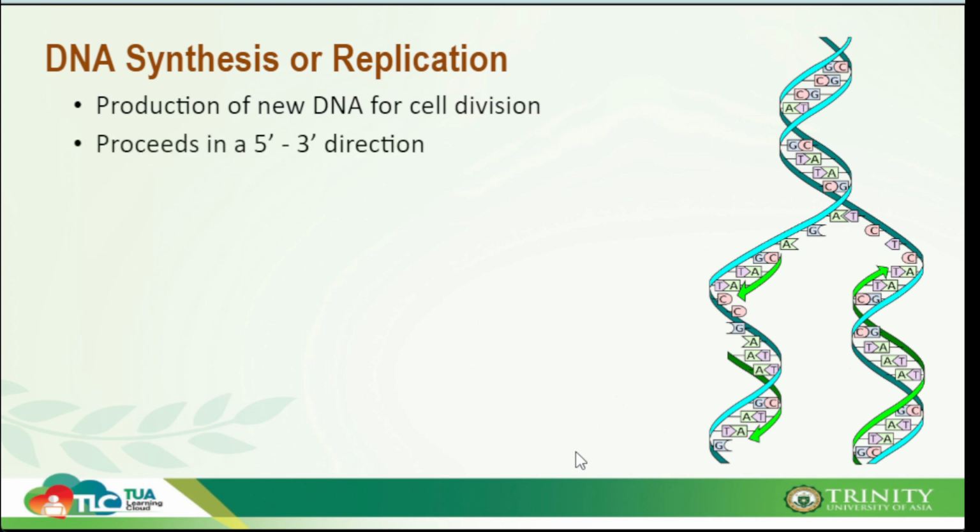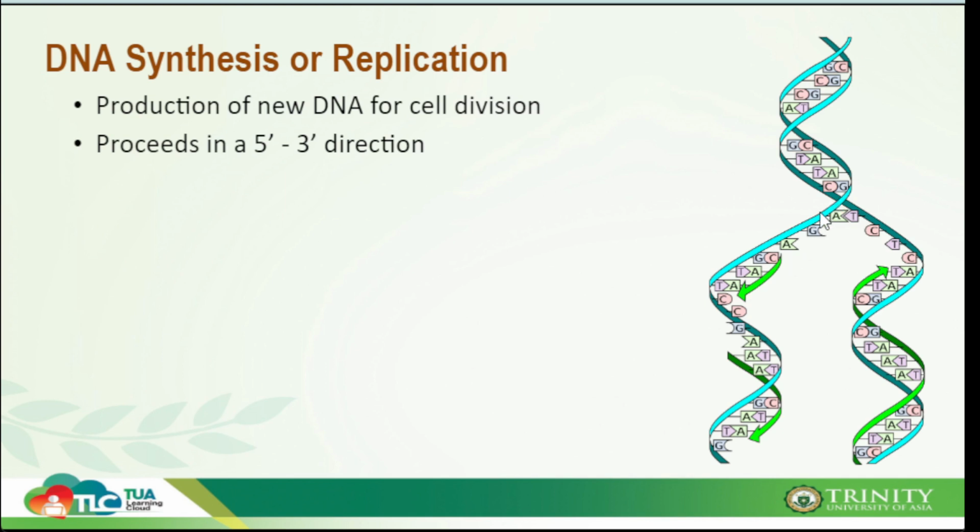Now, it is important for you to remember that DNA synthesis proceeds in a 5' to 3' direction. So, kanina, di ba, we mentioned na yung isa dito, one of these strands goes from 5' to 3', while the other goes from 3' to 5'. Alright? So, as you can see here, the DNA replication occurs in opposite directions.